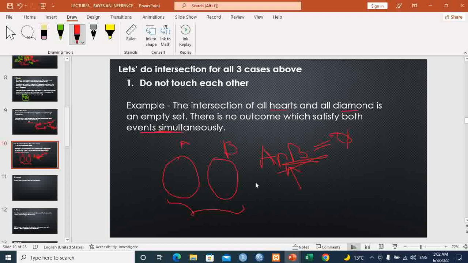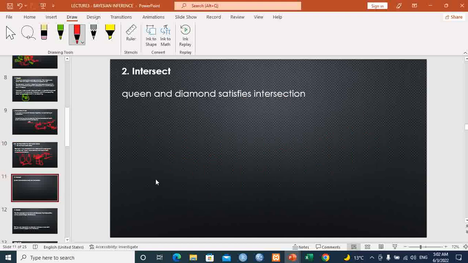So the set of them happening together is a null set. Before we go to probability, let's stick with them happening together and the sets. So it is a null set for sets that do not touch each other. What about if the sets touch each other? That is what we are going to see in our next slide.